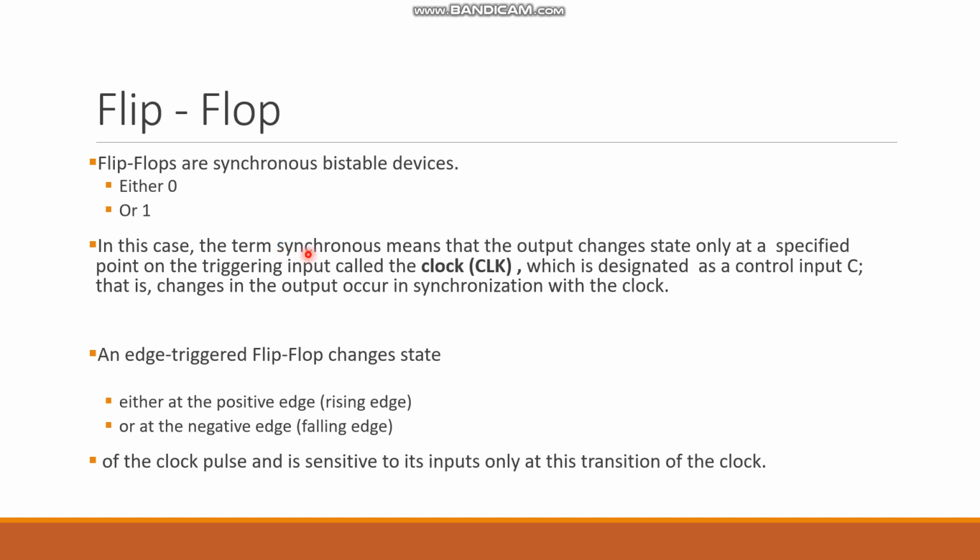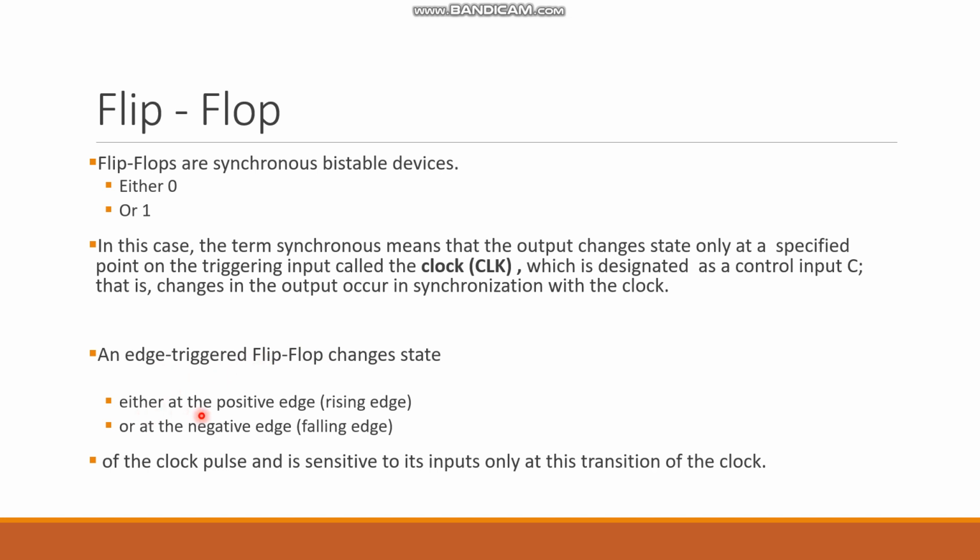But the term synchronous means that in the flip-flops, we have the inputs and the outputs, but they are not going to change simultaneously. The output changes only at a specific point when a clock pulse is applied. So we are going to learn what a clock pulse is. This clock pulse is given to the flip-flops through an edge triggered flip-flop.